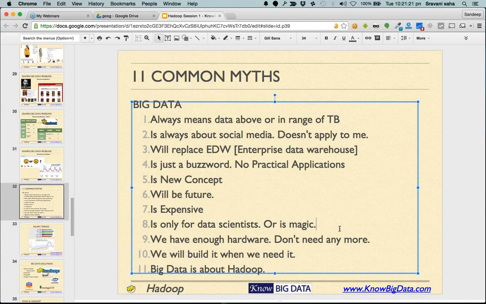Almost the best algorithms needed for any job are freely available. Free as in open source. Therefore, it's no longer magic, and it's no longer only for a few data scientists.